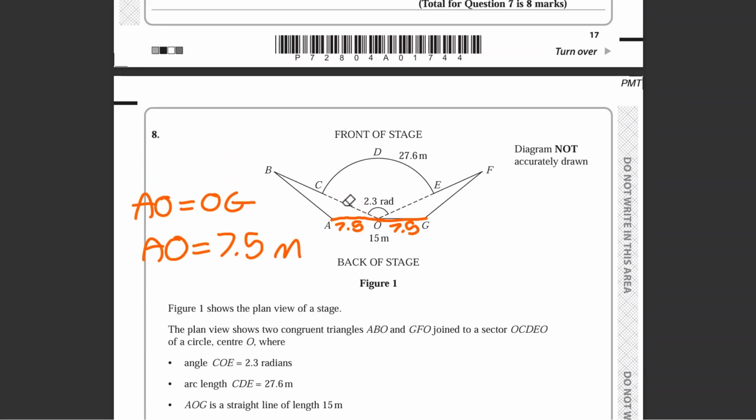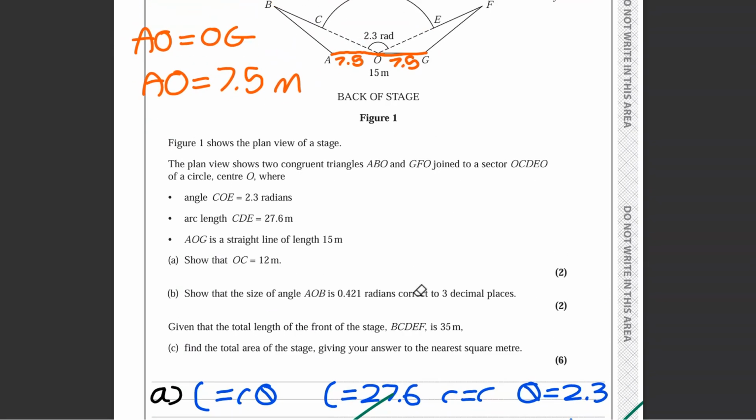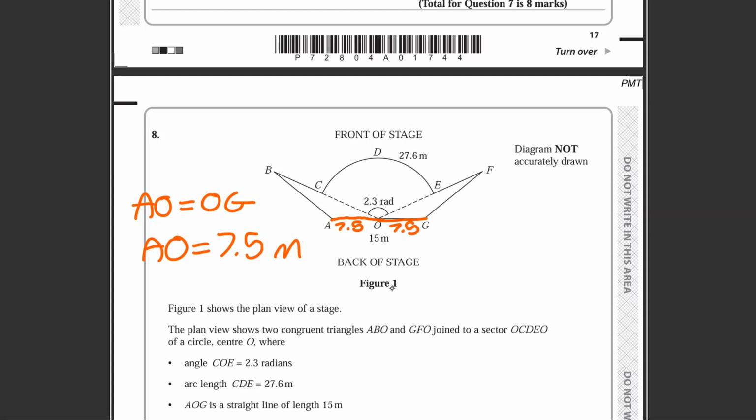So if we look at what this is saying, BCDEF is this side here, and this entire thing is equal to 35 meters.